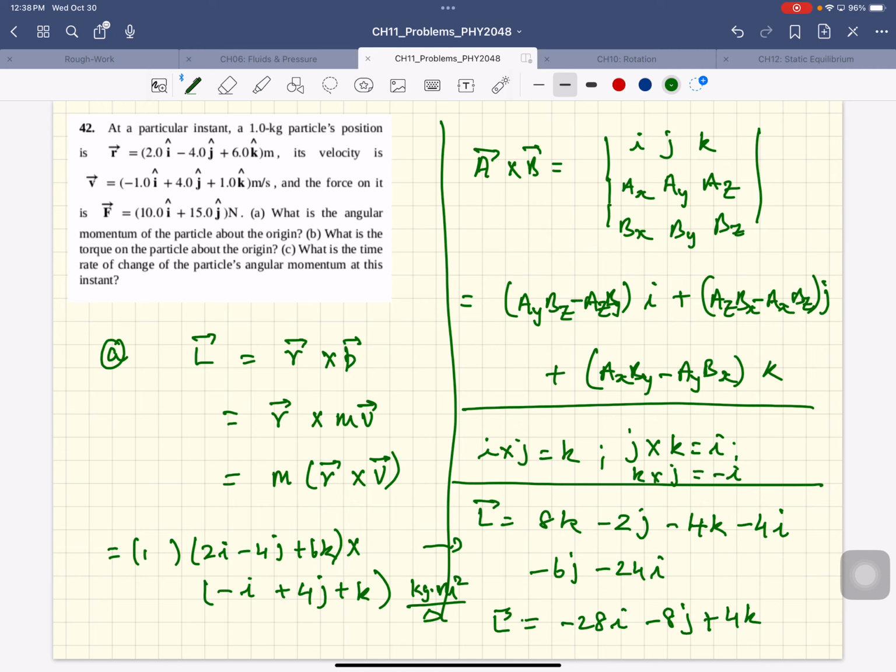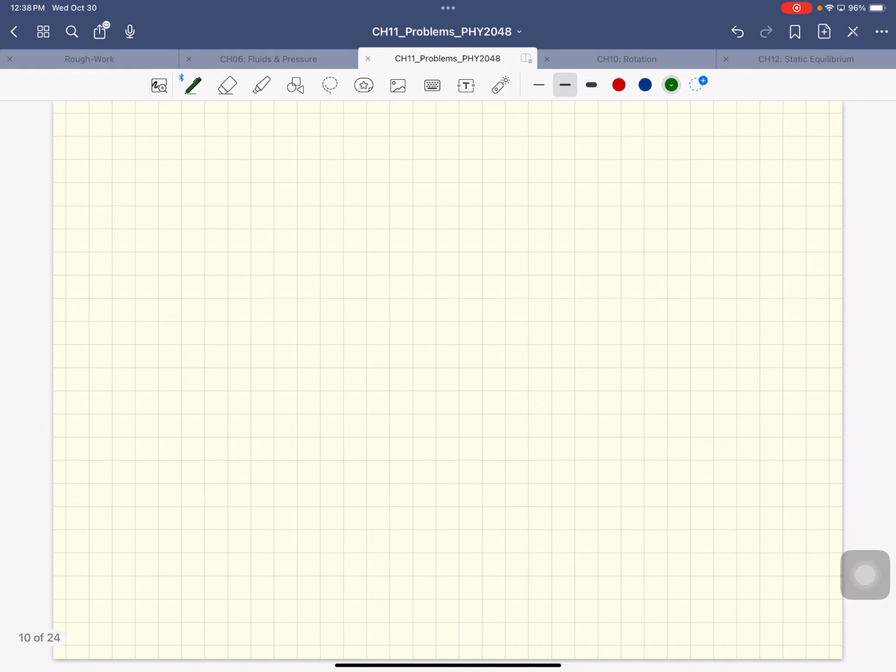Again, the units are kilogram meter squared per second. So that is the angular momentum at that instant. Here was the particle, and here's the velocity, and at that instant the angular momentum was that.